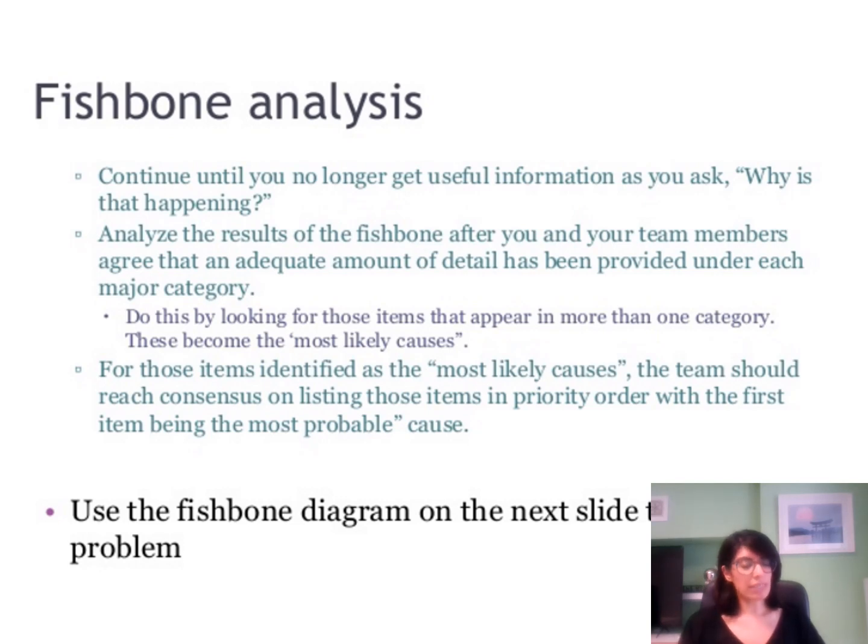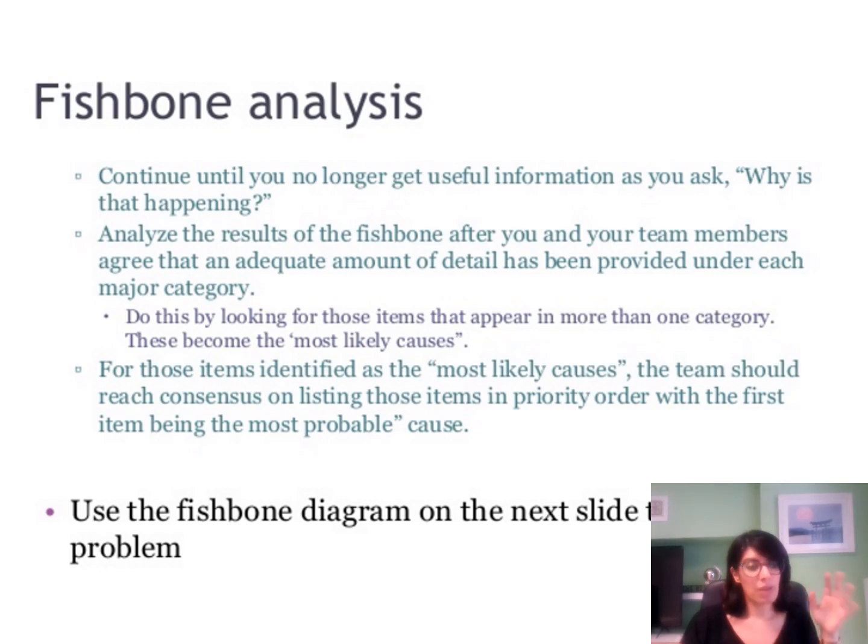So creating that fishbone diagram is actually an exhaustive process. You continually keep asking, what else could be causing this problem in this category, until you have nothing else left that's a potential possibility. So each part of the fishbone has to be quite detailed.